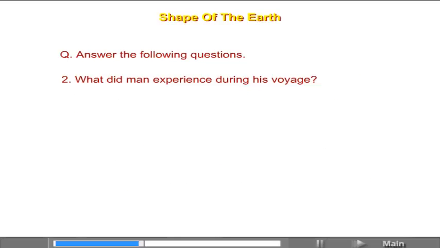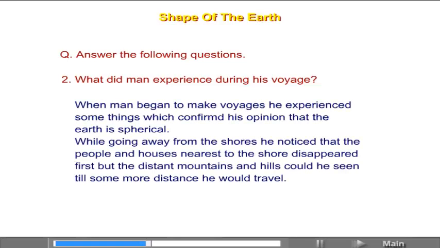What did man experience during his voyage? When man began to make voyages, he experienced some things which confirmed his opinion that the Earth is spherical.